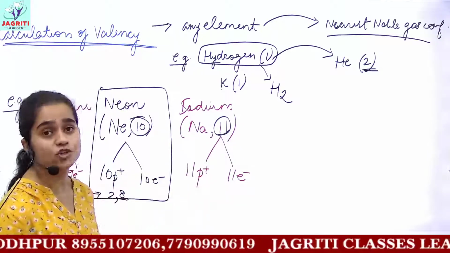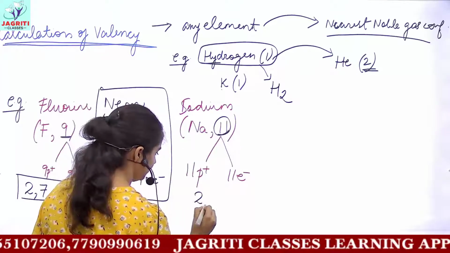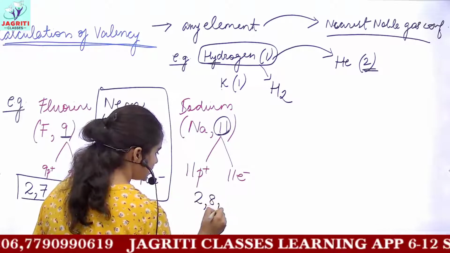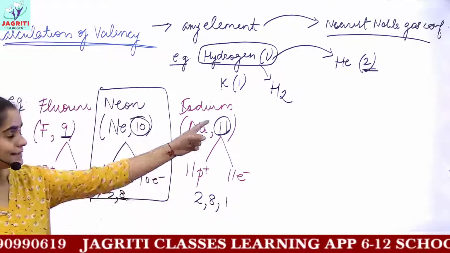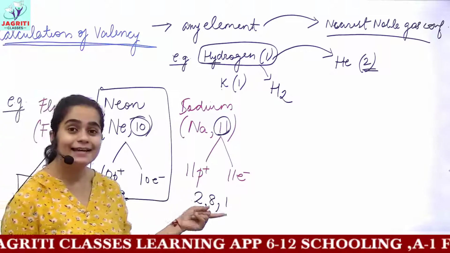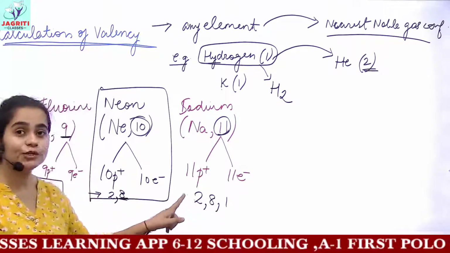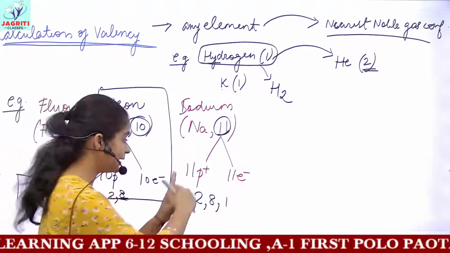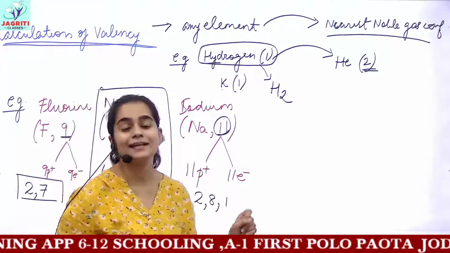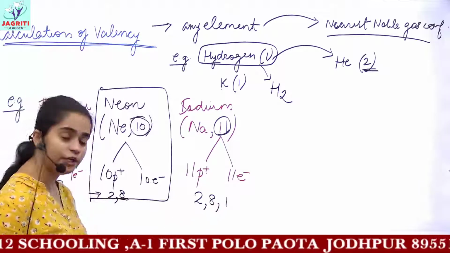The electronic configuration of sodium would be 2, 8, 1. Because in these 11 electrons, the first 2 electrons will come in the K shell, then the next 8 electrons will come in the L shell. 8 and 2 gives you 10. The 11th electron will come in the next shell, that is the M shell.